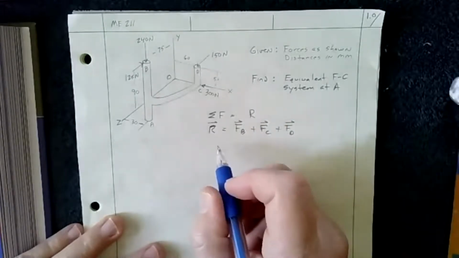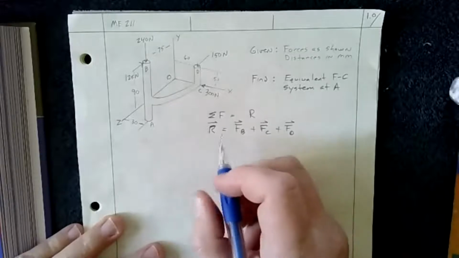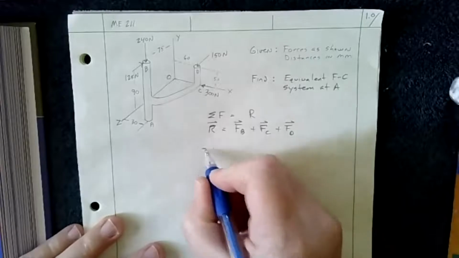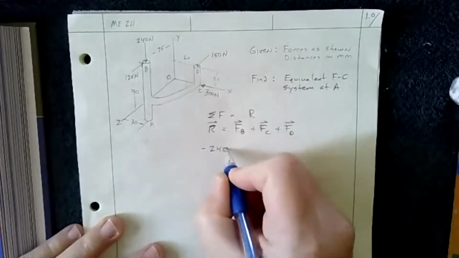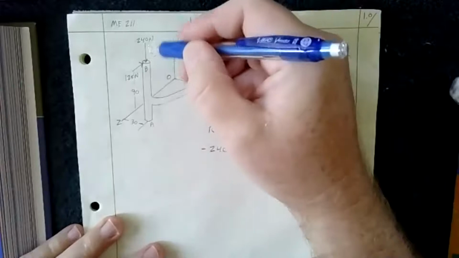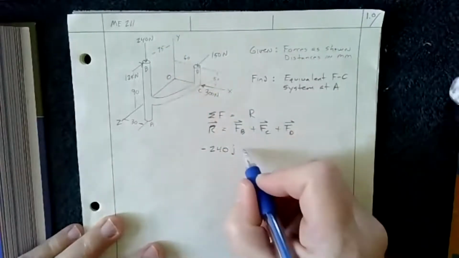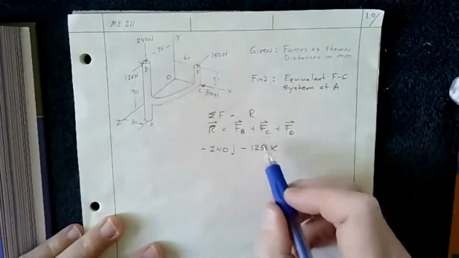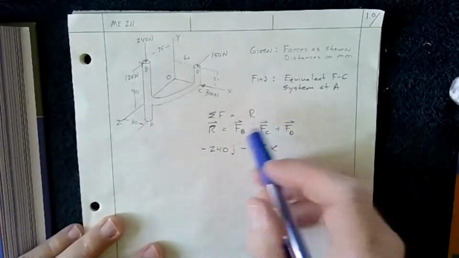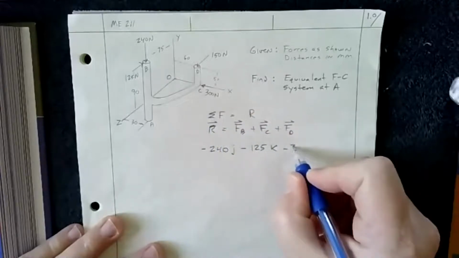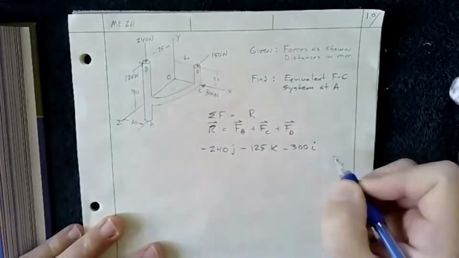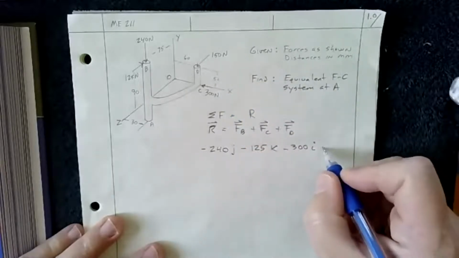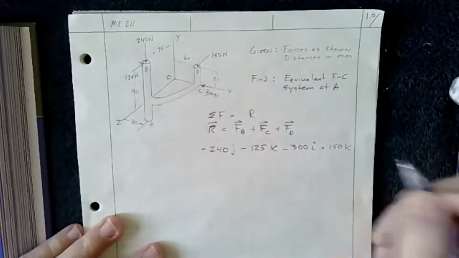If we do that, we know that the force at B is going to be negative 240 in the j. That's this one. And it's also going to be minus 125 in the k. And then we look at the force at C. That's simply negative 300 in the i. And lastly, the force at D is just going to be a positive 150 in k.